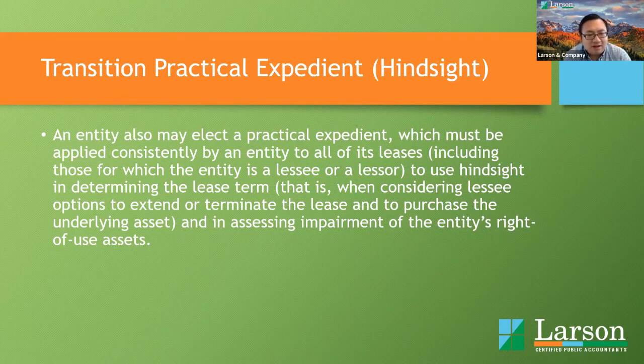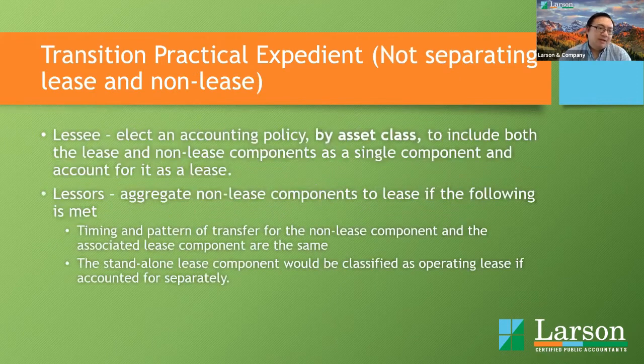Now that 2 years have passed and you have exercised the renewal option, you can use the renewal activity, a subsequent event, as your hindsight to determine lease terms, and also in assessing impairment of right of use assets as well.